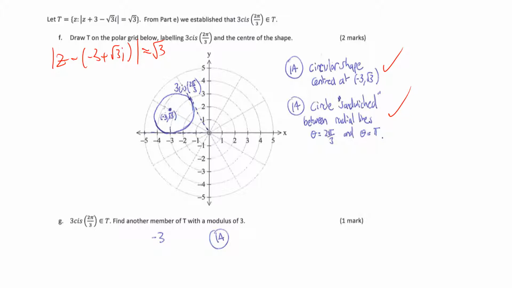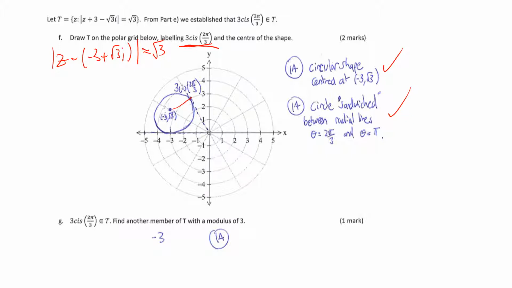But here's the thinking behind why it is. I did ask you to label cis 2 pi on 3 on the circle, and the aim was to show, building up all that understanding, that this is representing point A. I think I've just drawn it slightly out of whack.